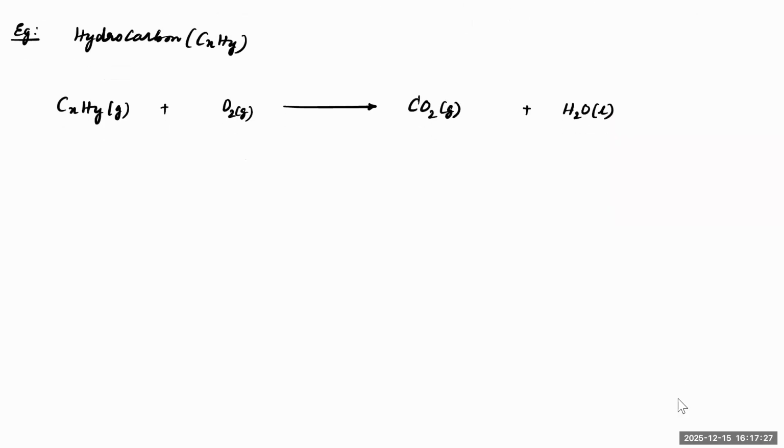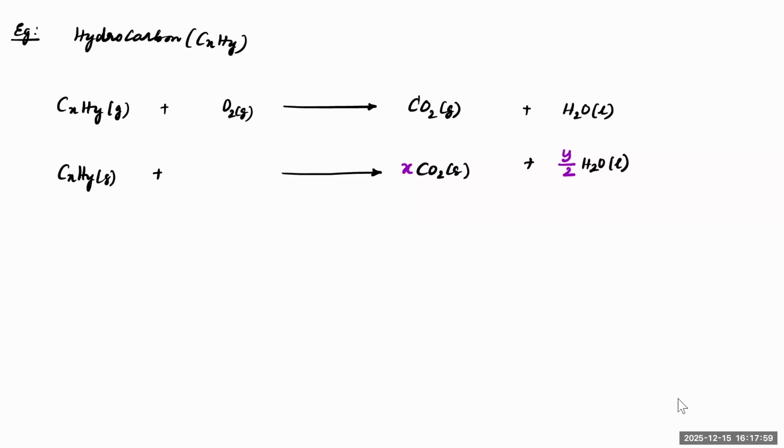Okay, and next, how do we balance it here? You can clearly notice that 1 mole of CxHy gas plus, the way to balance is always to first balance the carbon here. Got it? So as you balance carbon, you should get x moles of carbon dioxide plus y by 2 moles of H2O liquid, correct?